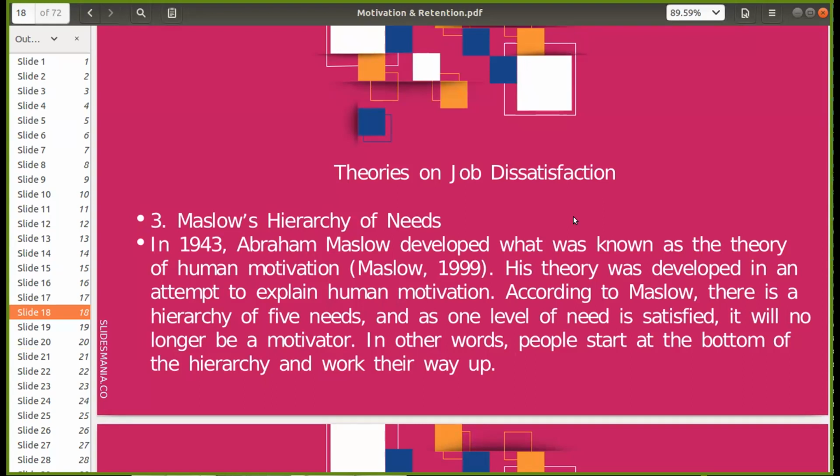So physiological, paangat yan safety, social, esteem, self-actualization. Pag ang isang need ay nasatisfy na, it will no longer be a motivator. So therefore, people should start working at the bottom, then paangat.